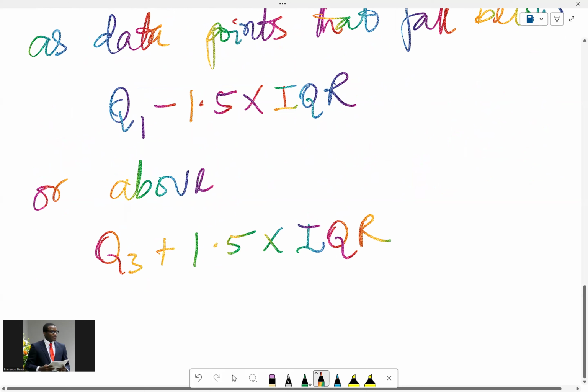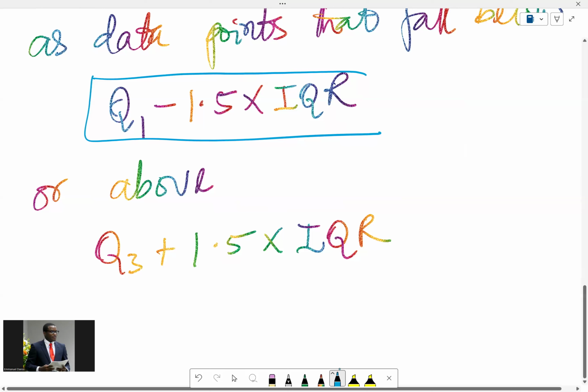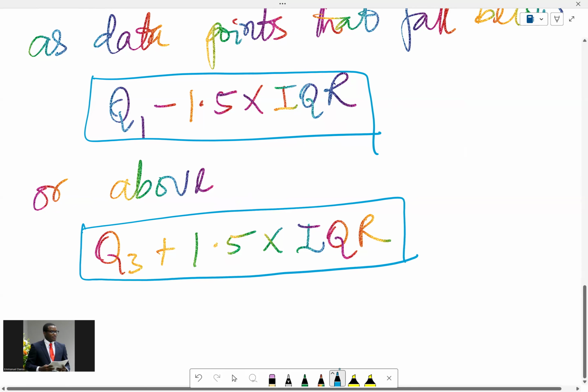So these are the two definitions. Any value that falls below Q1 minus 1.5 times IQR, or above Q3 plus 1.5 multiplied by IQR, would be seen as an outlier.